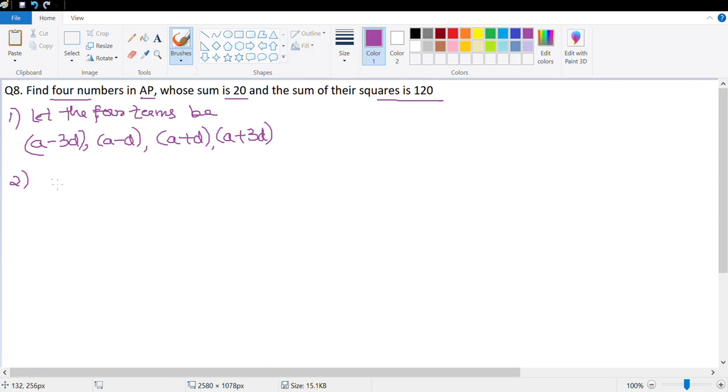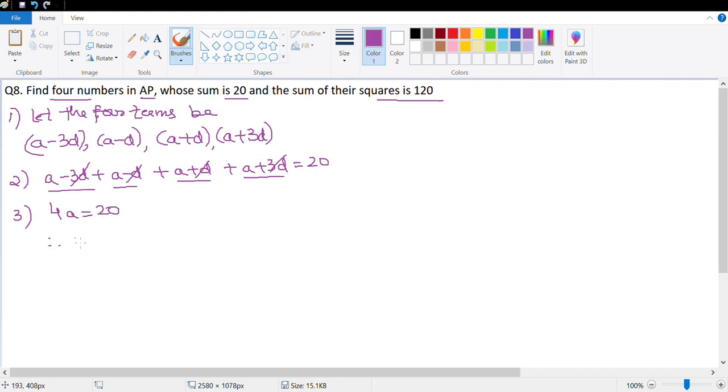So a minus 3d plus a minus d plus a plus d, that's the third term, and the fourth term is a plus 3d. The sum of these 4 terms is 20. 3d and negative 3d get cancelled, negative d and plus d get cancelled. So 4a is equal to 20. Therefore, a is equal to 5.